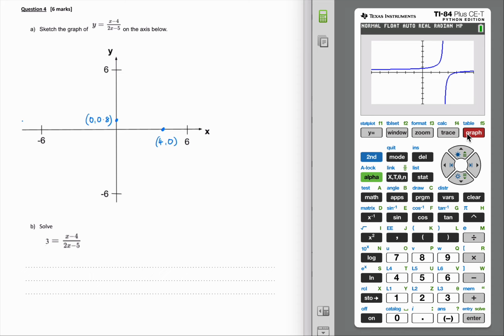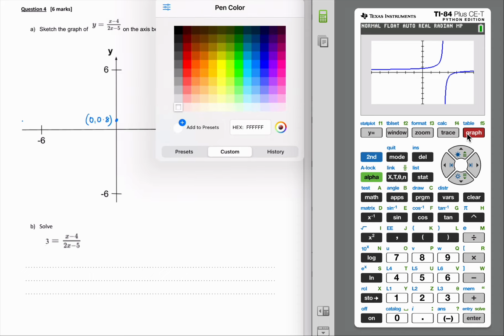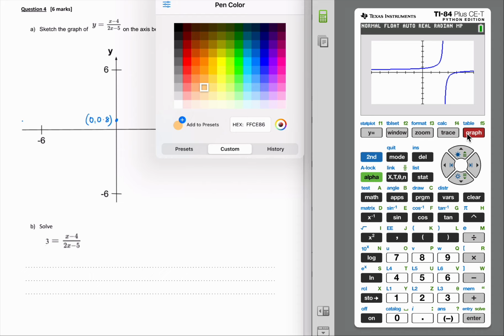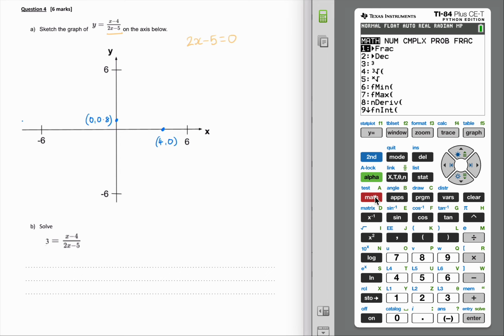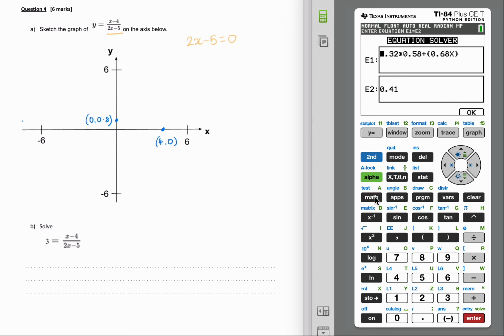Now we need to find our asymptotes. So for this, let's just change color. So first of all, finding the one with the denominator. So 2x minus 5 is equal to 0. That means if I solve that, now if you're unsure, we could even just use numeric solver.